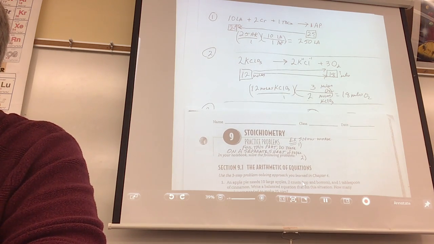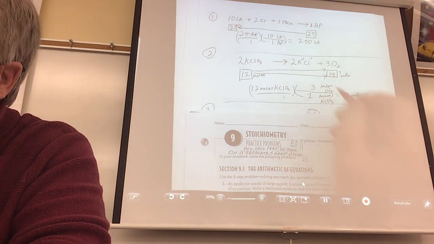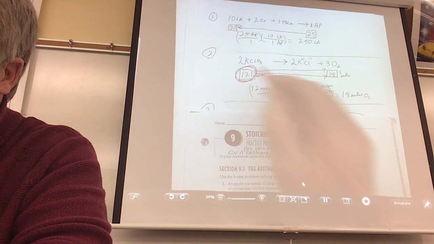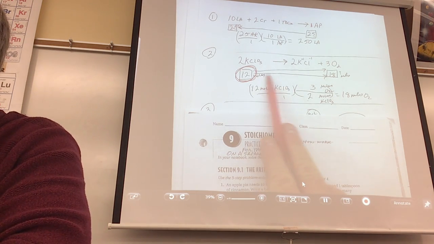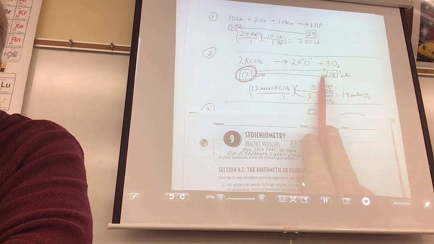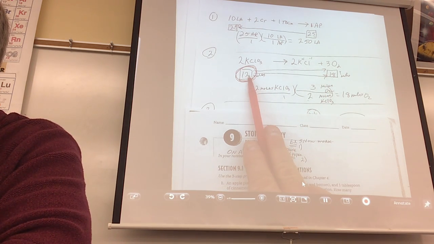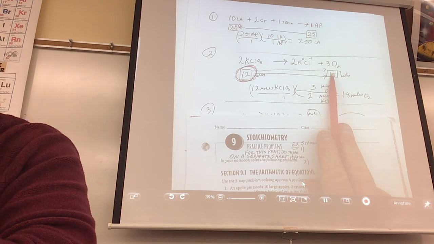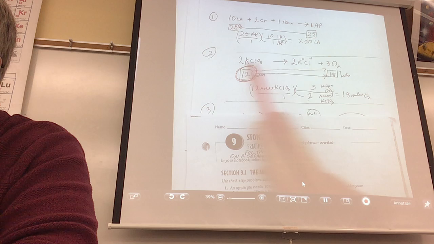Number 2, they're going to give you 12 moles. They're going to give you this. All right. Now, watch this. When you go sideways in the mole world, you look at the coefficients, don't you? So here's my given, and I want to convert 12 moles of that, and how many moles of this should I get? Well, look right here. See that number 2 and then number 3?